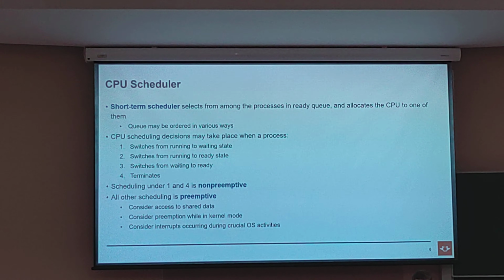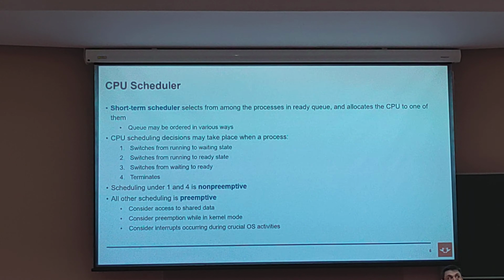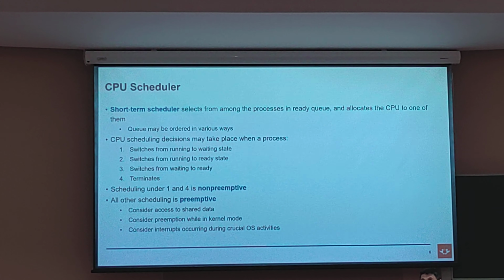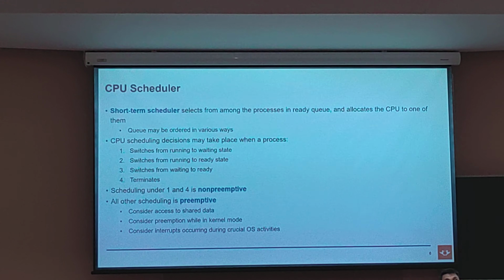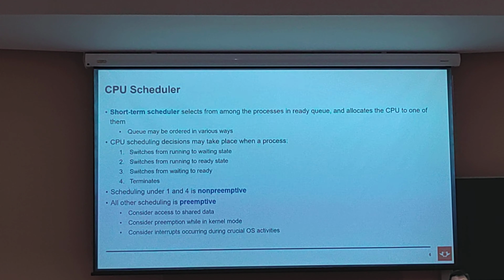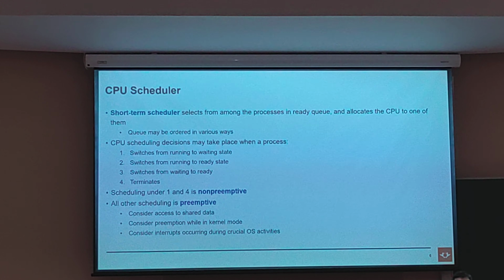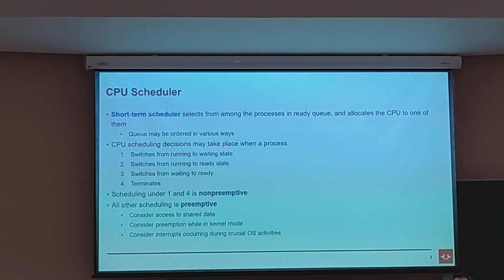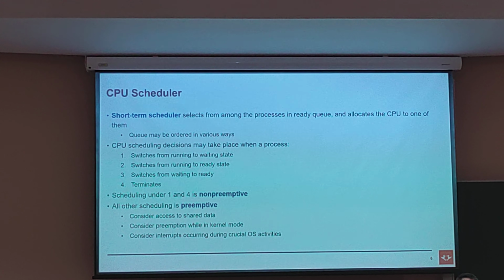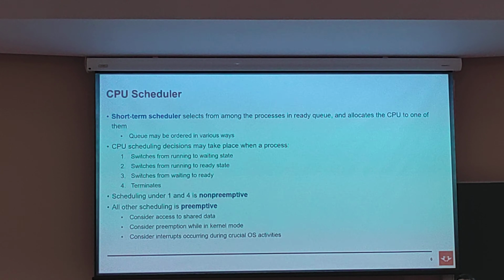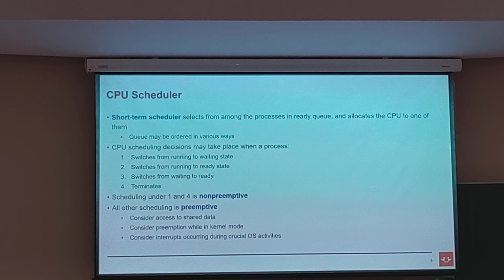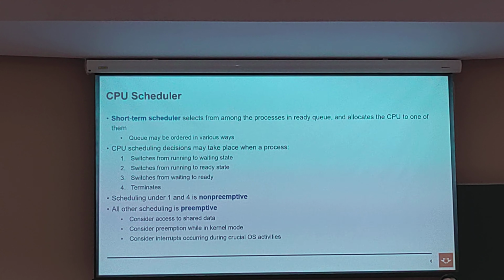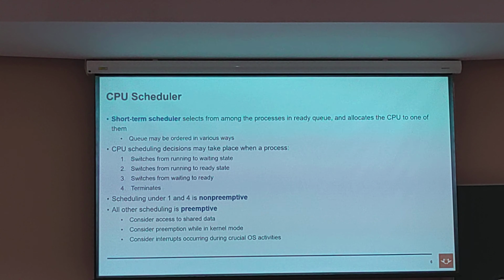You have to go from waiting back into the ready queue again. And in certain cases, that is also a place where we allow the scheduler to run. So when the operating system detects something like that happening, it can say, okay, let's make some scheduling decisions right now. That's a possibility.